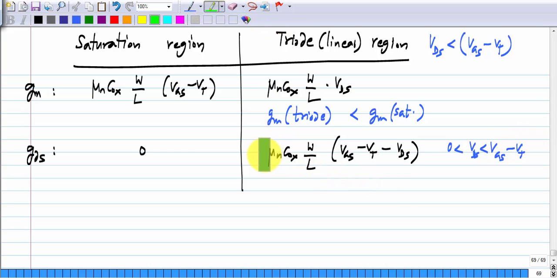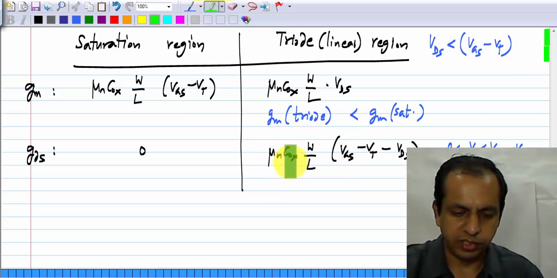Okay. So, this GDS will be some positive quantity. So, GDS in triode region is more than in saturation region, GM in triode region is less than in saturation region. So, any amplifier that you make with the transistor biased in triode region will have a smaller gain than if it were operating in saturation region. Okay.